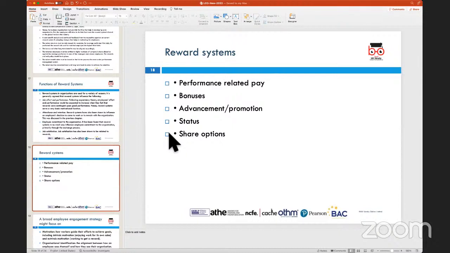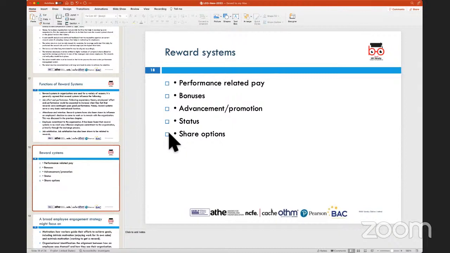At some stage, nurses would become senior nurses, healthcare worker assistants would become healthcare workers, and these show what is called promotion. Then you have share options, and you have status.